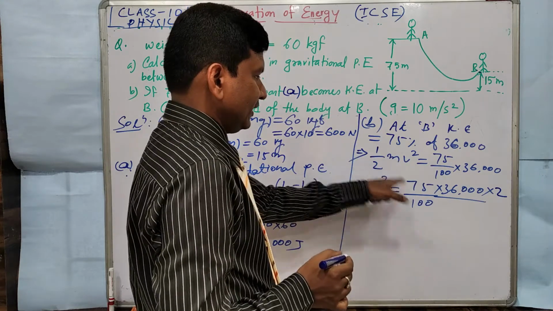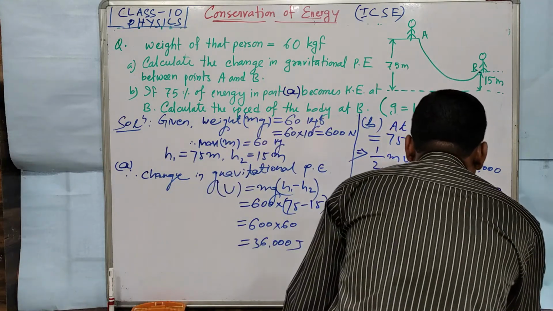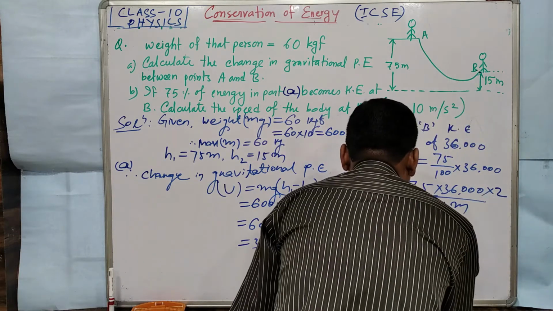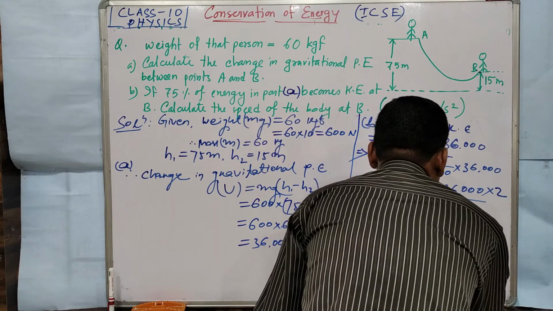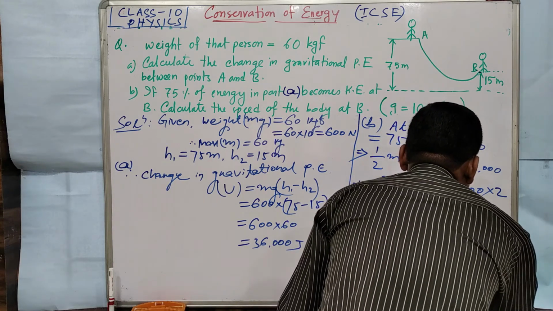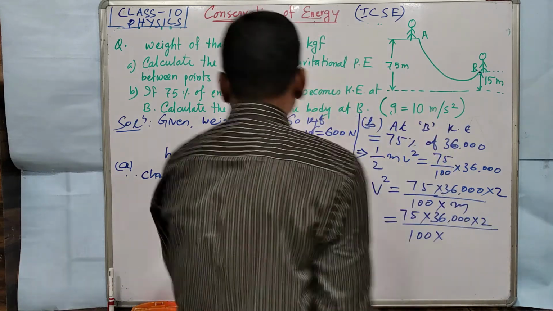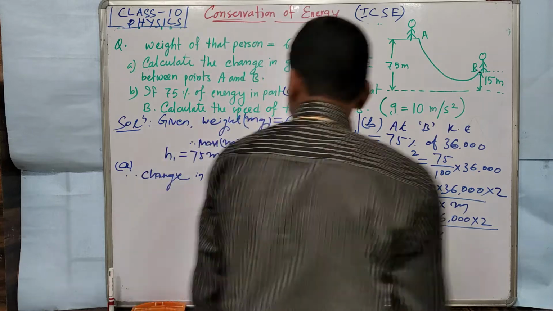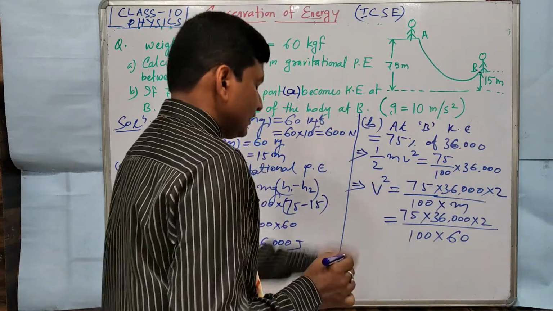Mass is multiplied this side, when mass will go that side, it will be divided. So mass divided by mass, that implies v square is equals to 75 into 36,000 into 2 divided by 100 into the value of mass. Before I have given you, that is your 60 kg. So just write down the value and you cancel this.